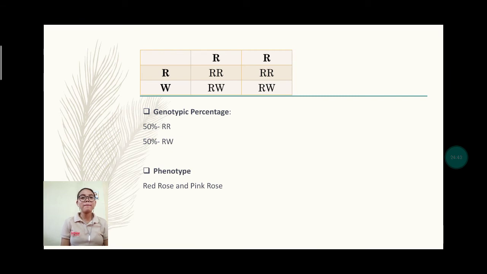So it means 50% red rose and 50% pink rose. So when we ask what kind of genotype is present, or what is the resulting phenotype of the offspring after crossing? Red rose and pink rose, 50-50.